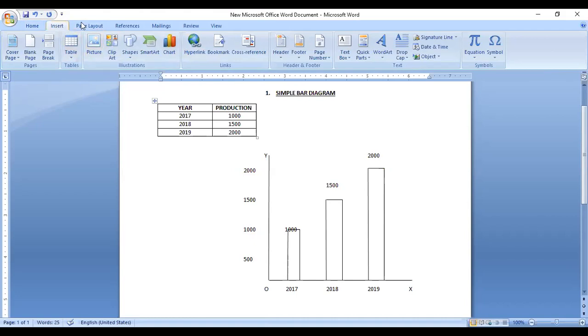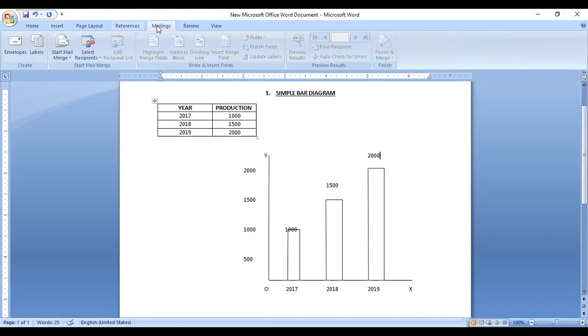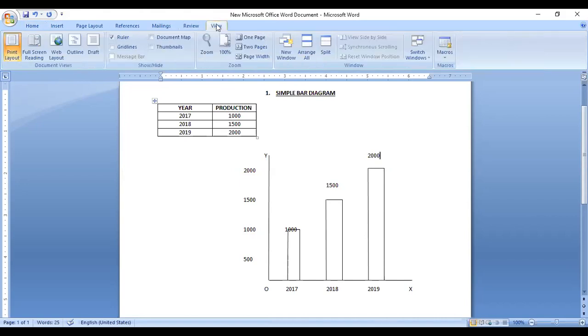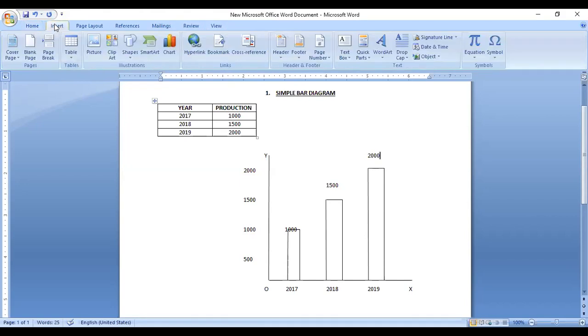And like this bar diagrams will be there, and you can fill those bars with different colors or dots or lines so that it is easy to distinguish.